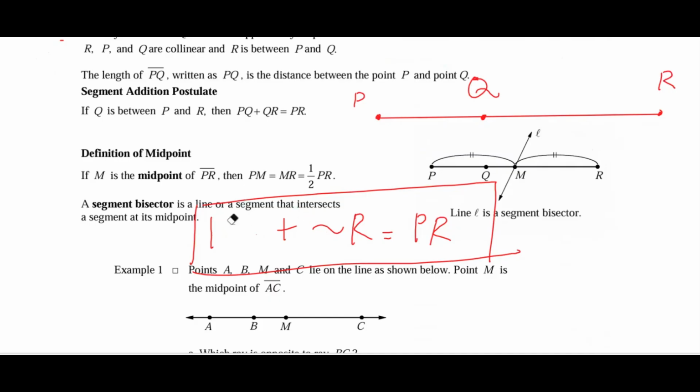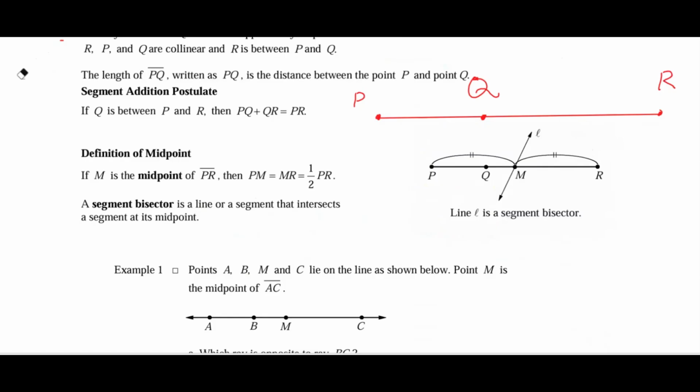Okay, so next we have the definition of a midpoint. If I make a line segment, Nesma, in this way, this is the line segment, and this point is P and this point is Q. If I mark a midpoint, the definition is a point which divides the line segment into two equal parts.